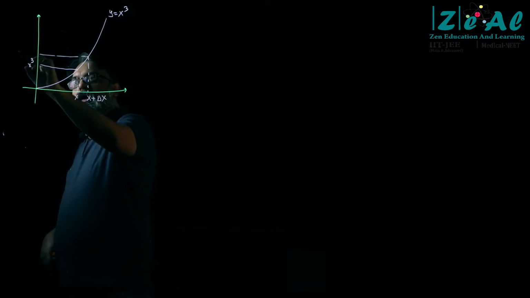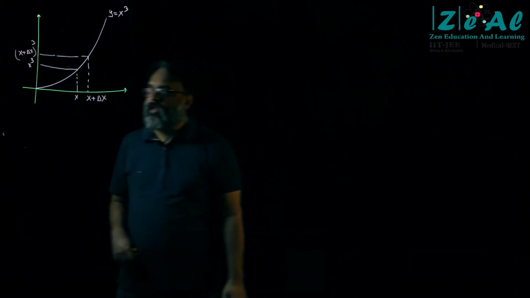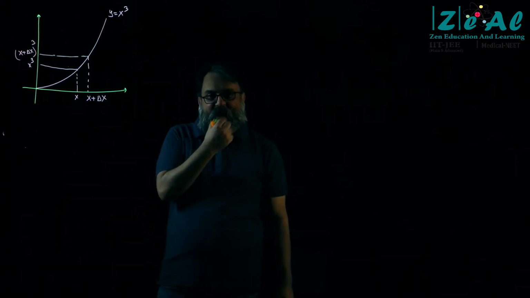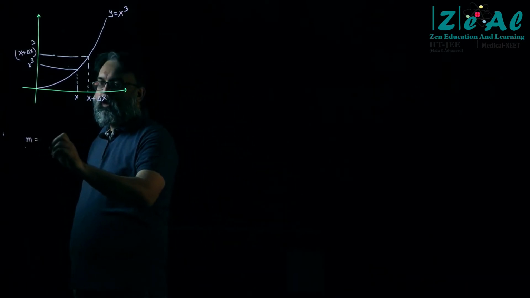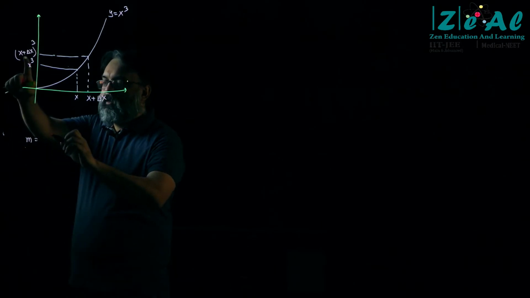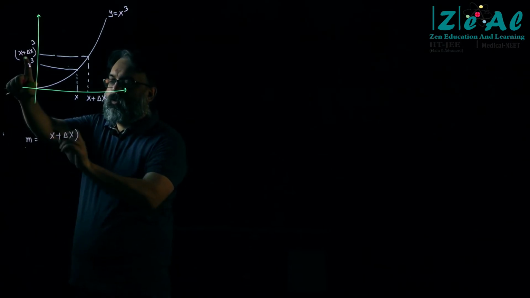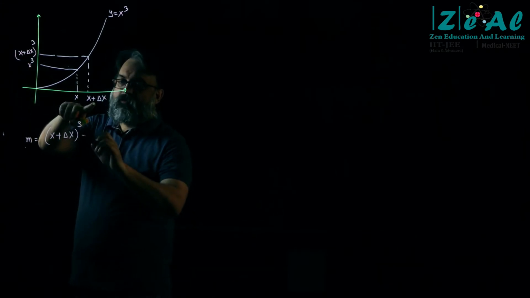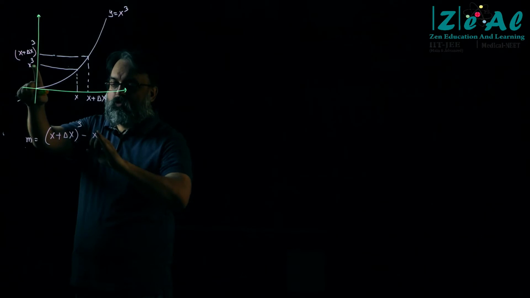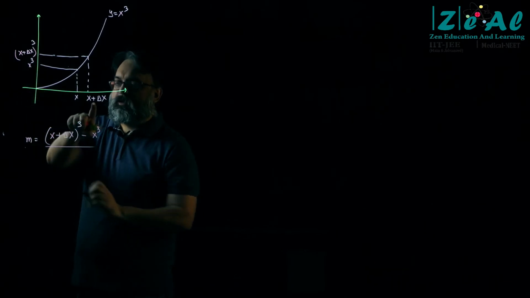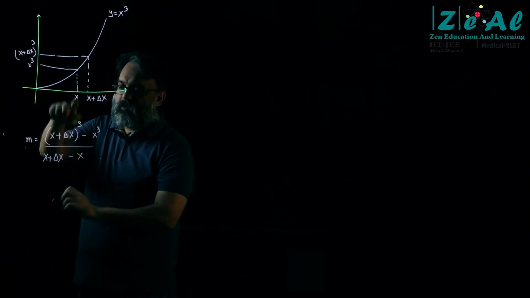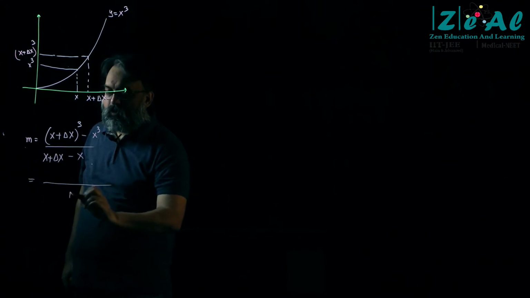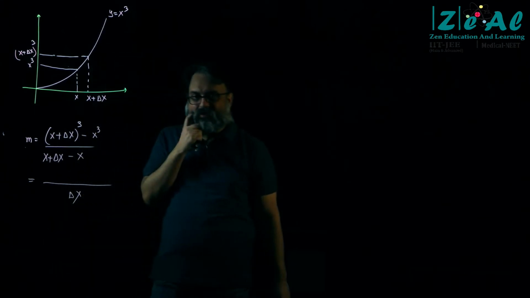So this will be x plus delta x whole cubed, and then I can find the slope of this straight line. This slope will be given by y2, which is x plus delta x whole cube, minus y1, which is x cube, divided by x2, which is x plus delta x, minus x1, which is x. Notice that in the denominator we always end up with delta x.